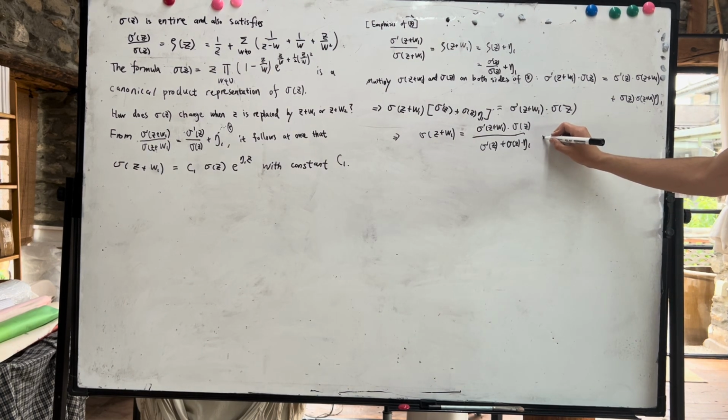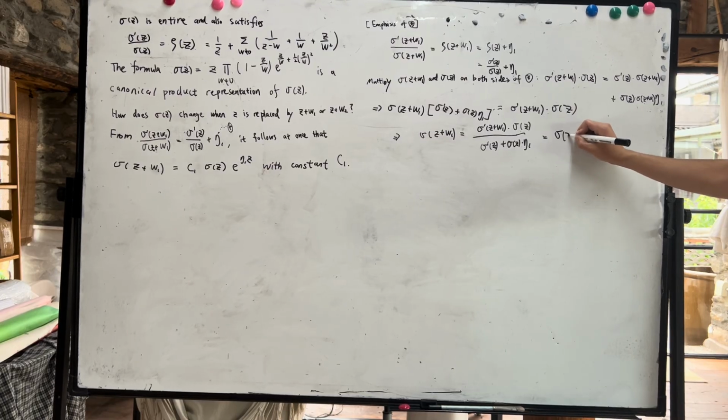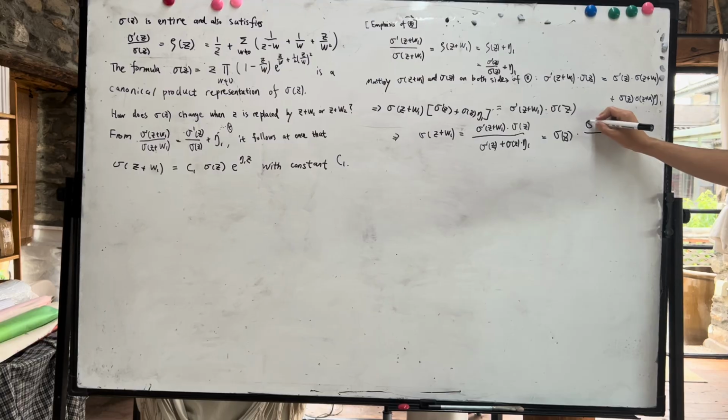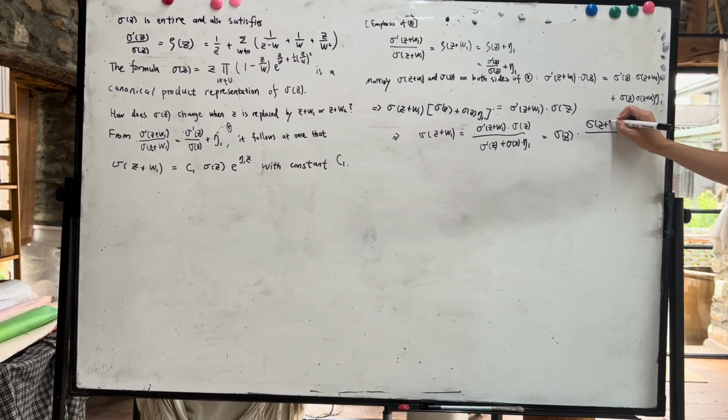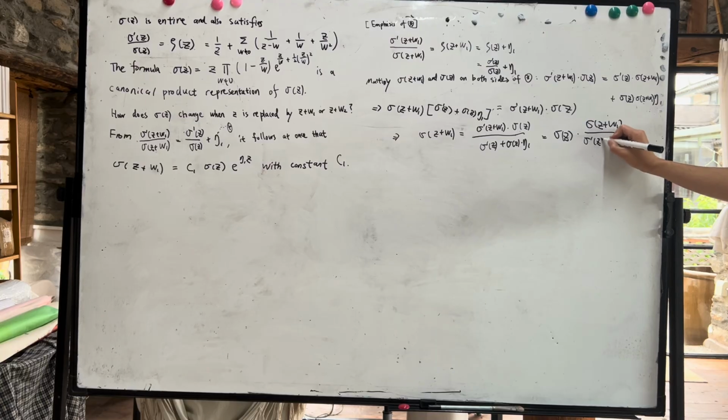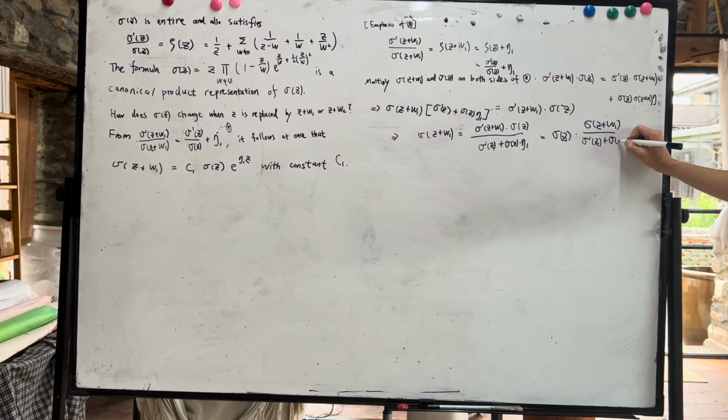So this is equal to sigma z times sigma of z plus omega 1 over sigma prime z plus sigma z times eta 1.